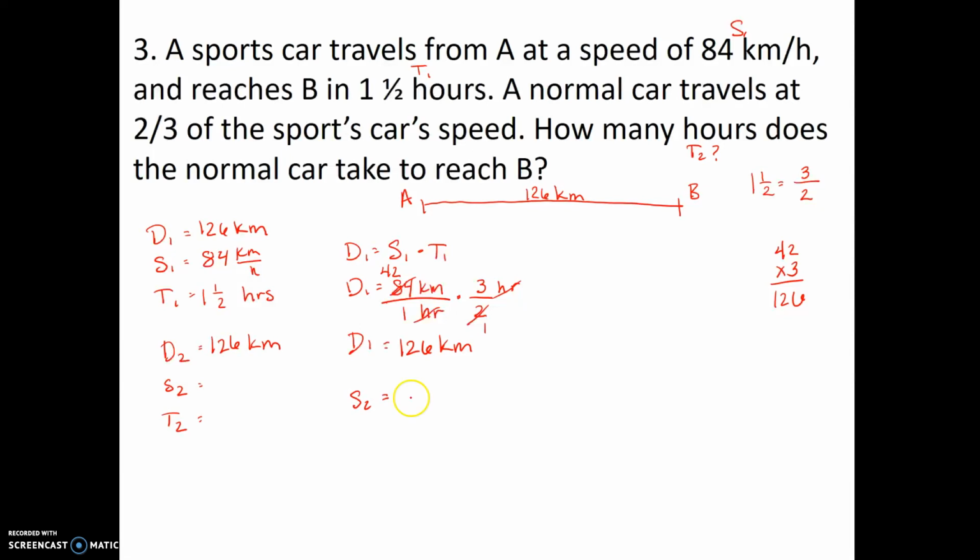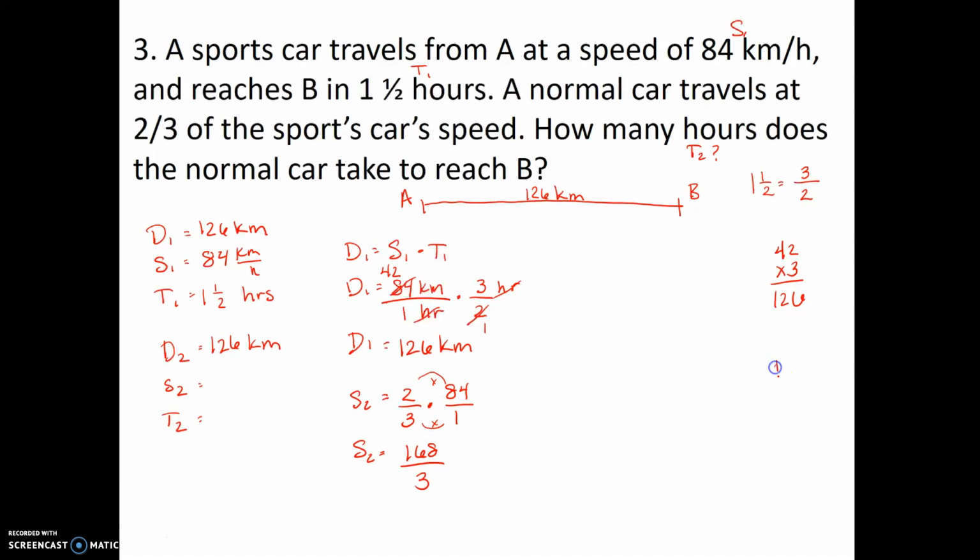So speed 2 is going to be 2/3 of, and remember that in math, of means multiply, of the sports car's speed, and the sports car is speed 1, so 2/3 of 84 kilometers per hour. Okay, so speed 2 is going to equal 168 over 3, and I multiplied 2 times 84 and 3 times 1 to get that.